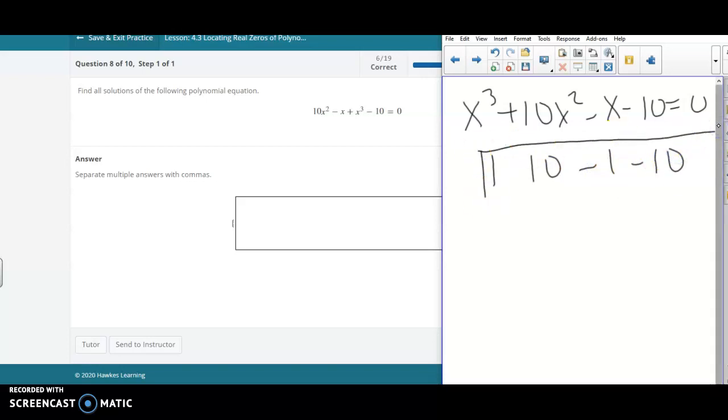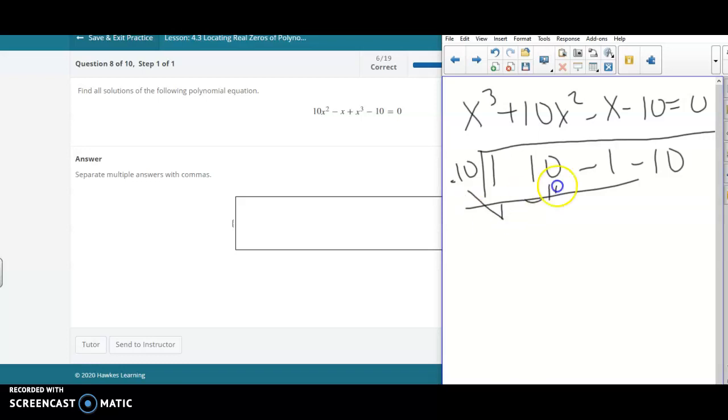And then we try, so since I have these 1s and -10s, I think I'm going to try -10 or 10. So I tried a 1. Oh, you could try something. Again, you use your bounds, upper and lower bound. If you have all non-negatives, then you know it's an upper bound. If you have alternating signs, then you know it's a lower bound, and then you work from there. That's how you do it.